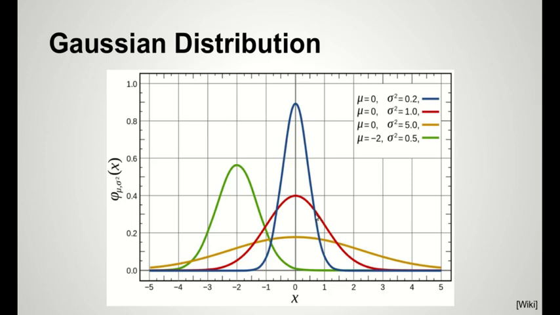If we shift the mean, what we will see is that the center will shift with it. If we pick a negative number for it, like the green curve, we'll see that the mean will be the peak and the curve will be dislocated to the left, and if we pick a positive value, we'll see a curve over here at the right side.